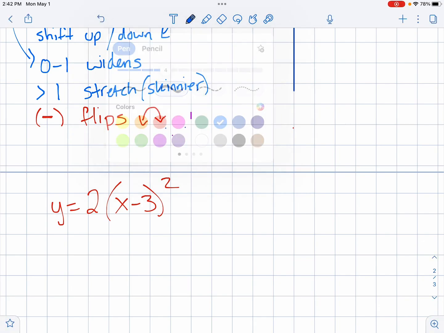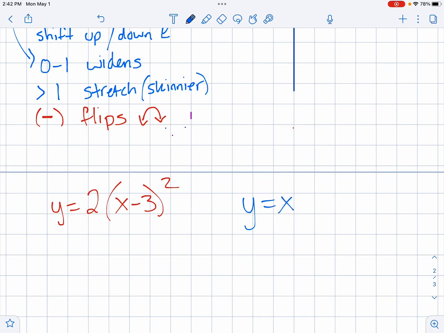Well, I know that my original is y equals x squared. So what all is happening in this? I have this guy inside with the x, which means he's affecting the x. Remember, we take the opposite sign, which means opposite of negative is a positive, so this one would go right 3. There's nothing being added on to the end, but there is this 2 out in front. That 2 is bigger than 1, which means it's going to vertically stretch.